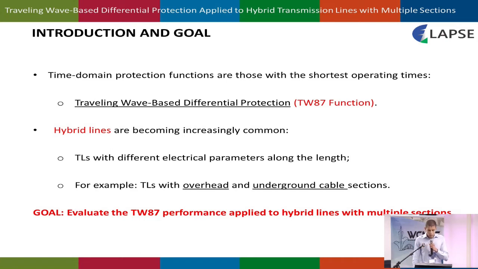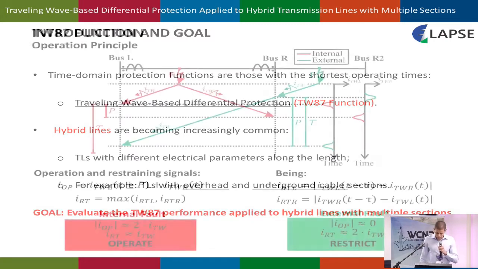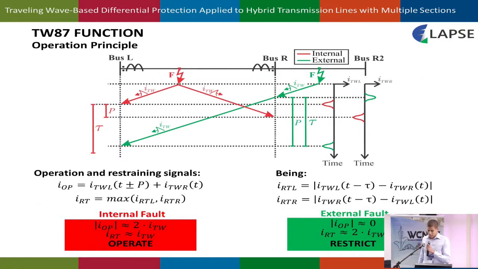Well, the TW87 operating principle is presented in this picture. Basically, when an internal fault occurs, traveling waves are launched from the fault toward the terminals. Due to the polarities of the current transformers, for internal faults, current TWs at local and remote terminals have the same polarities.